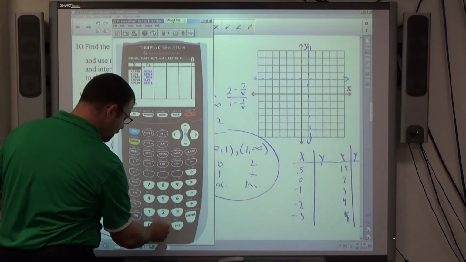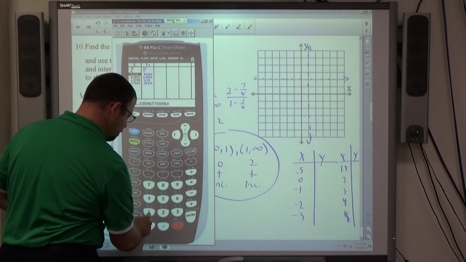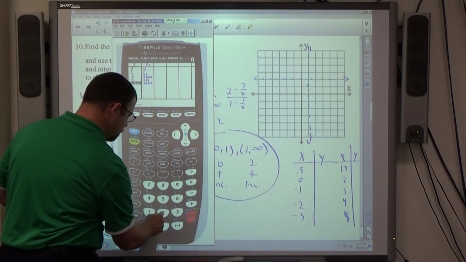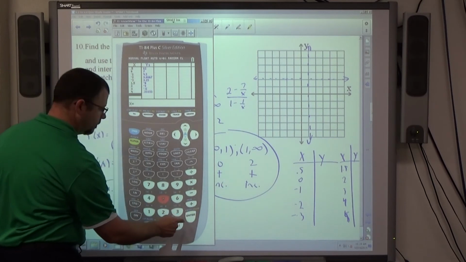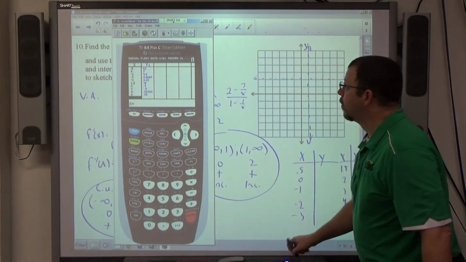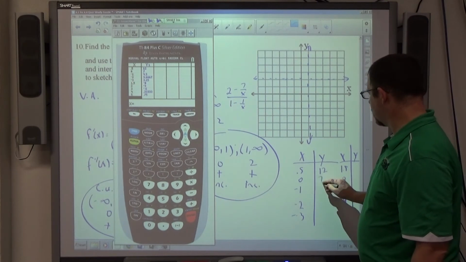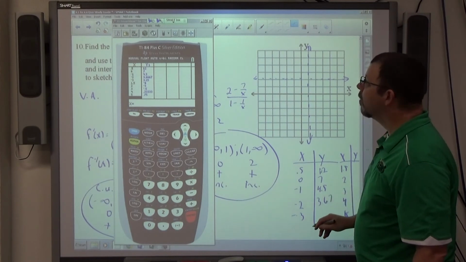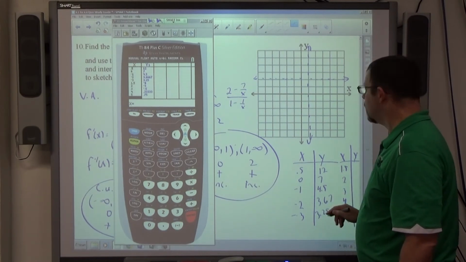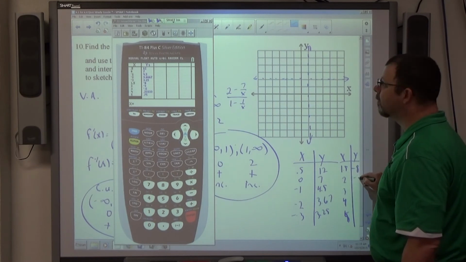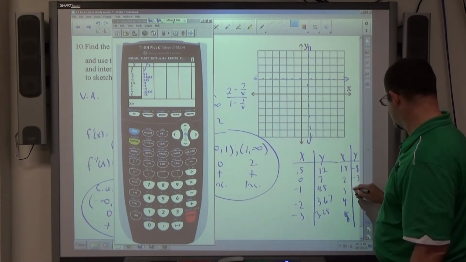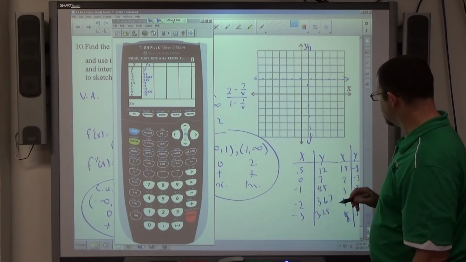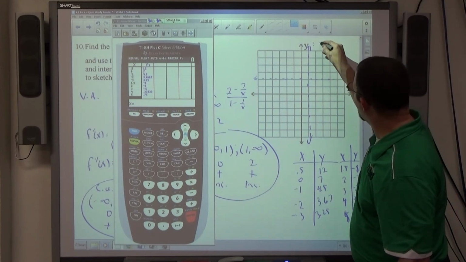Type in all my numbers, 0.5, 0, negative 1, negative 2, negative 3, and 1.5, 2, 3, 4, 5. 0.5, 12; 0, 7; negative 1, 4.5; negative 2, 3.67; negative 3, 3.25; 1.5, negative 8; 2, negative 3; 3, negative 0.5; 4, 0.33; 5, 0.75. So, I'm going to go at a 2 scale here on the y.